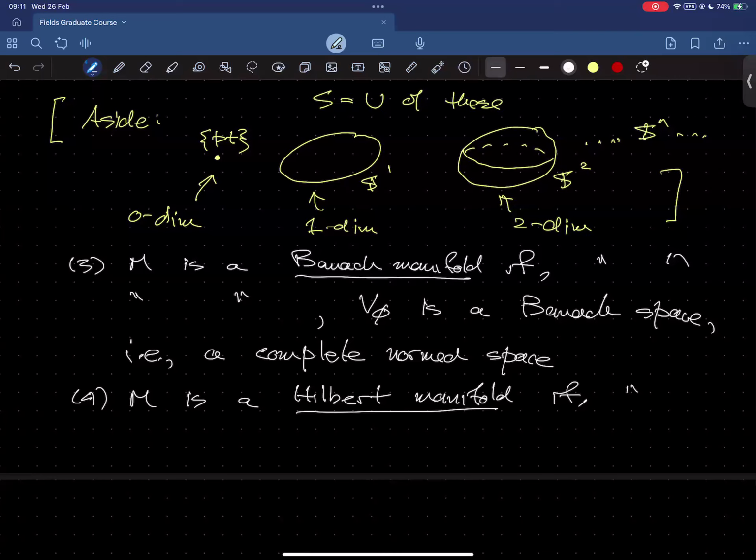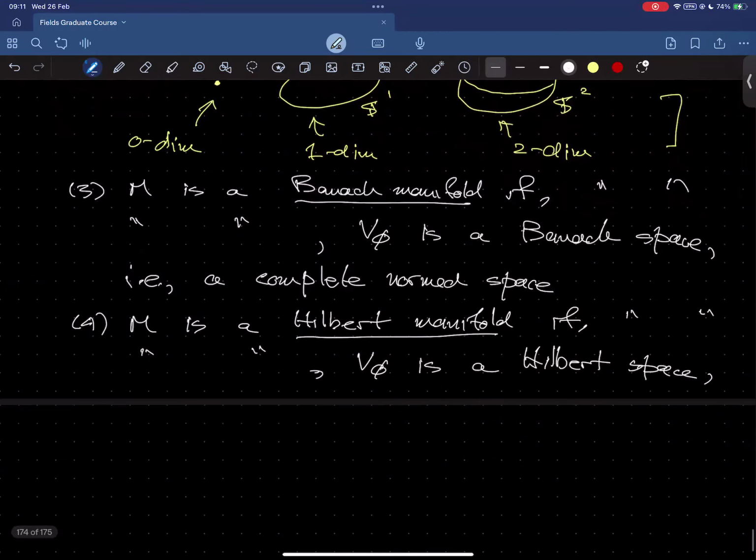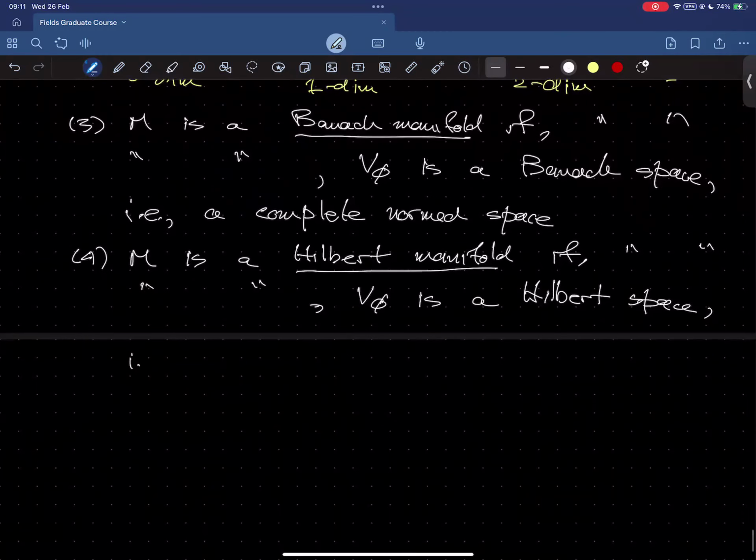Okay, so similarly, you have Hilbert manifolds. The model spaces V_phi in this case are Hilbert spaces, that is, complete inner product spaces.